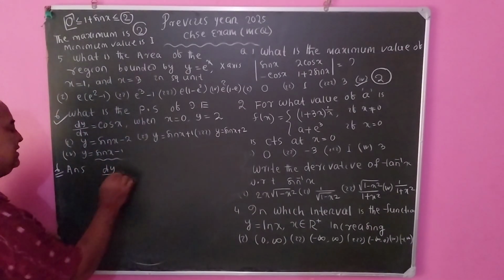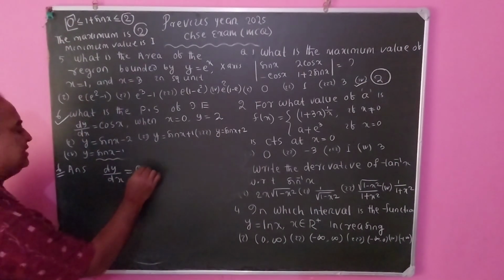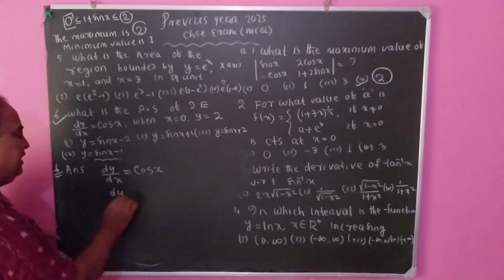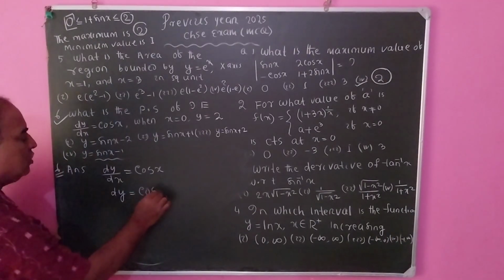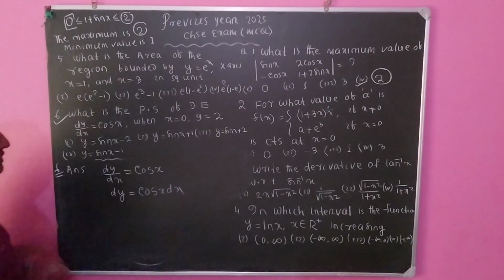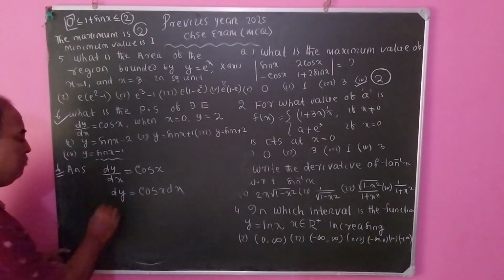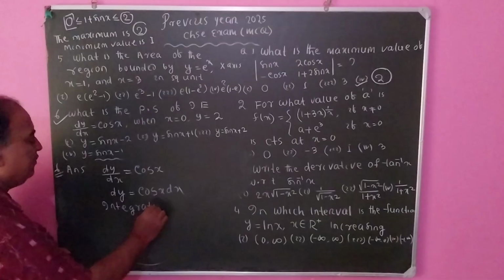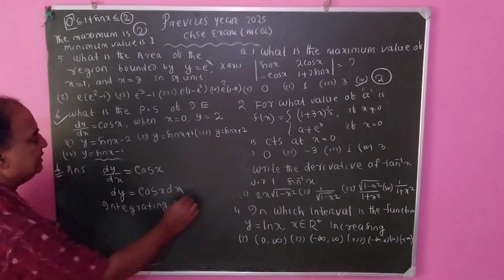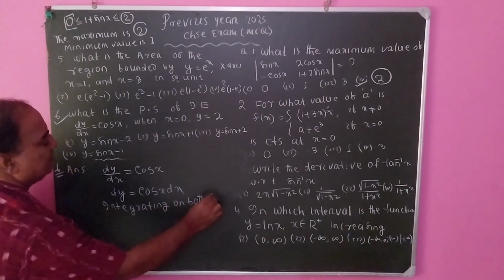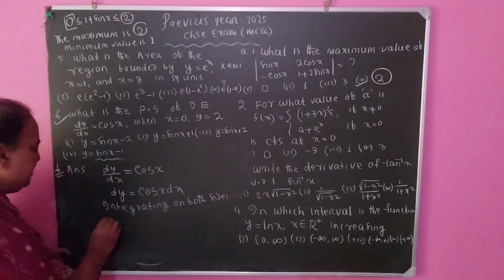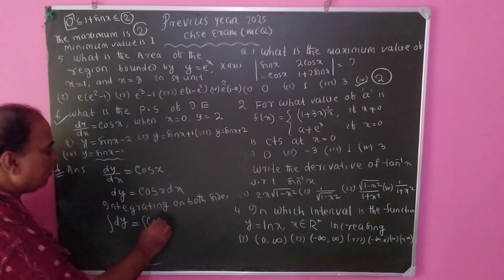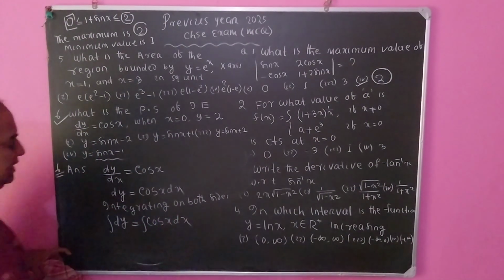dy by dx is equal to cos x. So dx will be multiplied there: dy is equal to cos x into dx. Then integrating on both sides, we get integration of dy equals integration of cos x dx.